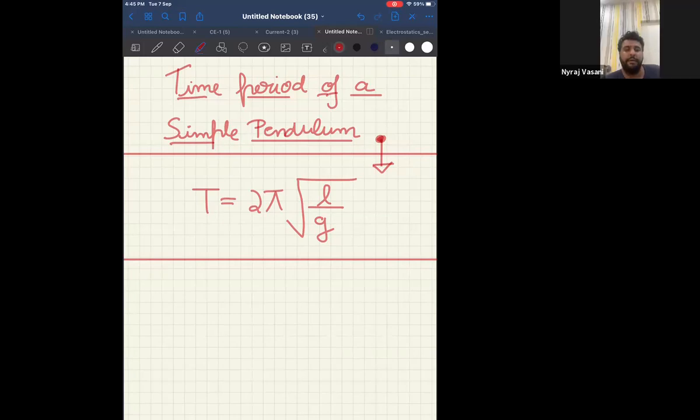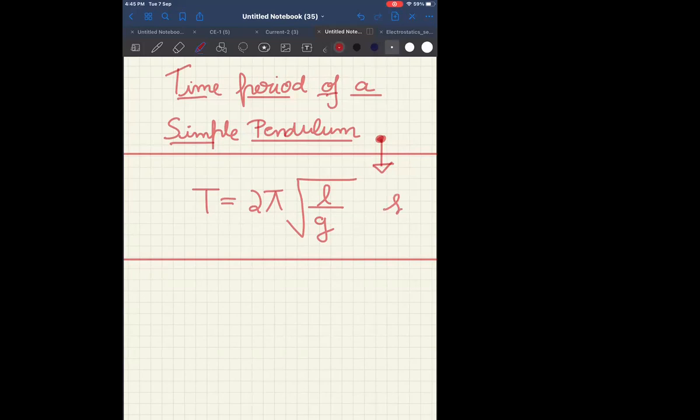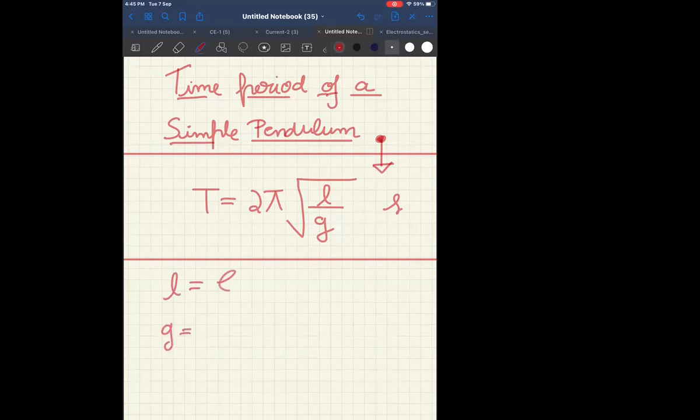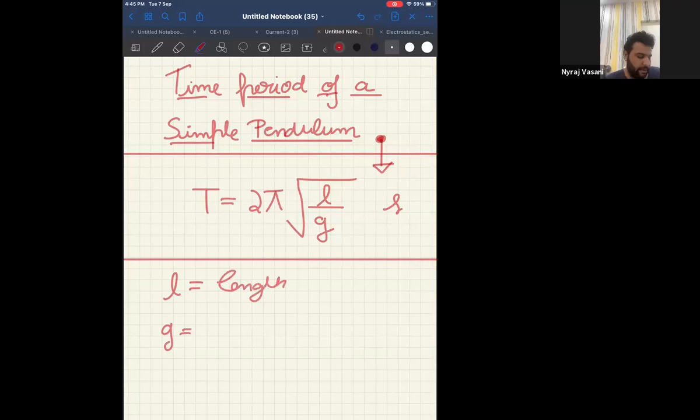Now, can you tell me the SI unit of time period of a simple pendulum? Seconds. It will be second, without doubt. Now tell me, what does L stand for and what does G stand for? L stands for length of the pendulum. Correct?